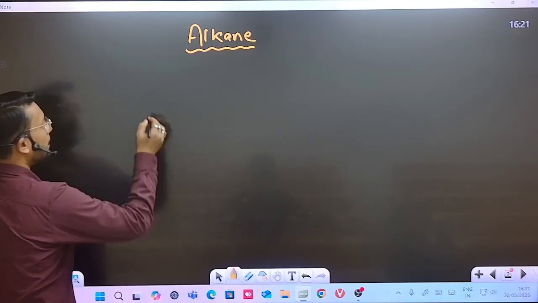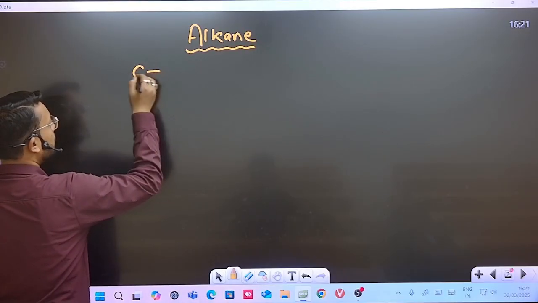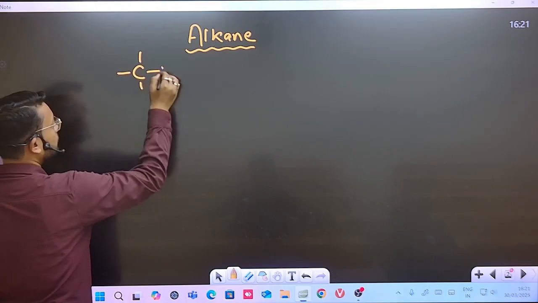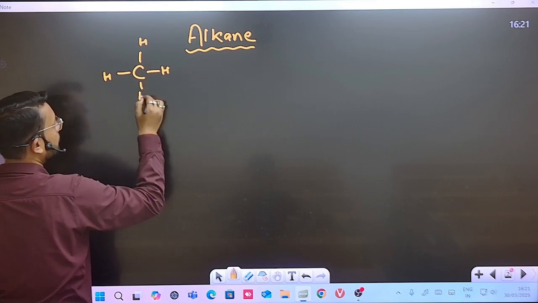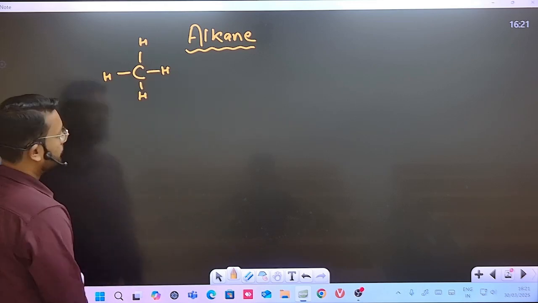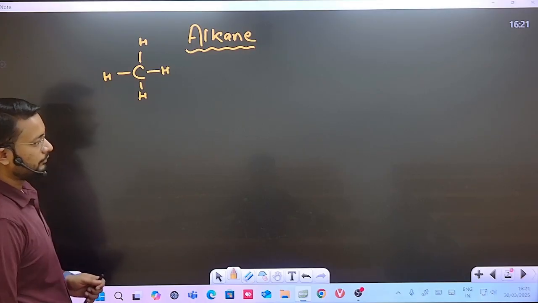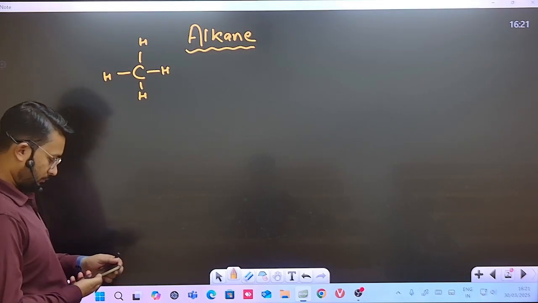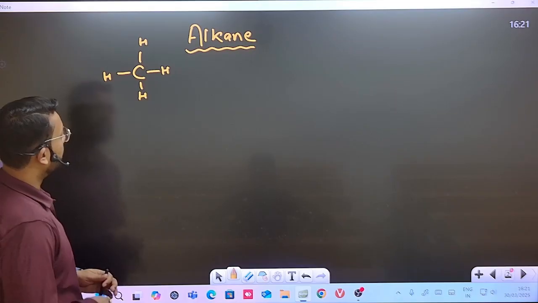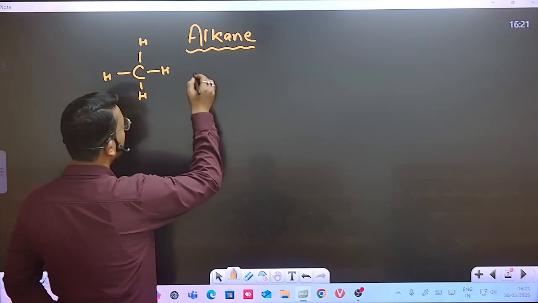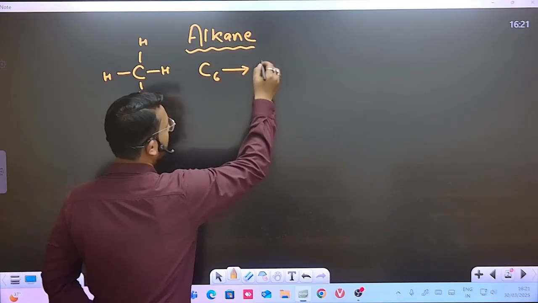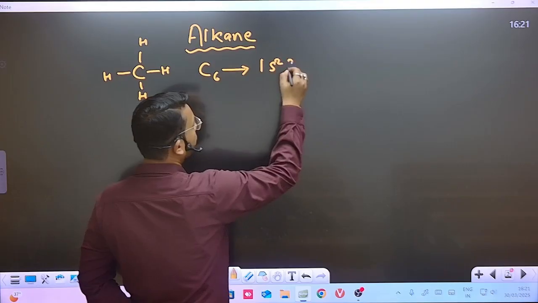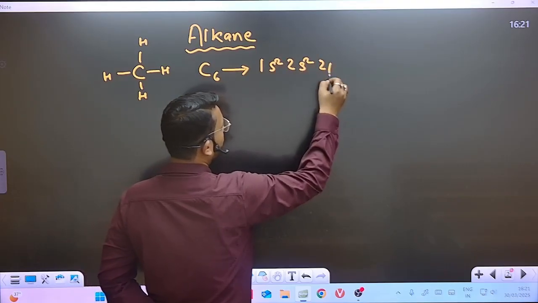In alkane, as we know, carbon has 4 bonds with 4 hydrogen atoms attached. Here carbon has 6 electrons. Let's write it: 1s2, 2s2 and 2p2.